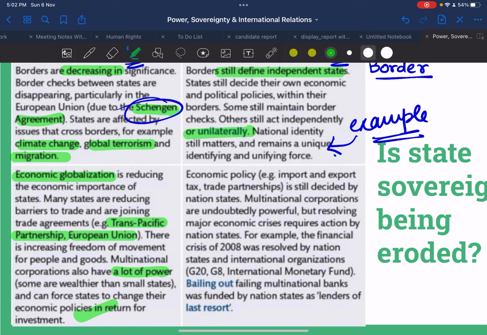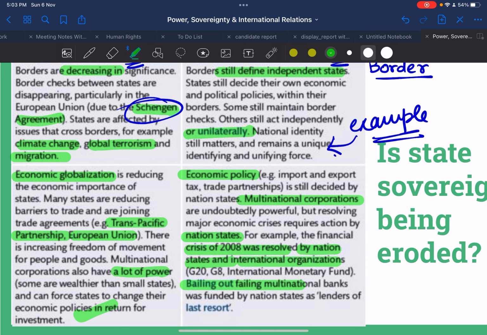However, the counterclaim says economic policy, for example, import, export, tax, trade, partnership, is still decided by nation states. Multinational corporations are undoubtedly powerful, but resolving a major economic crisis requires action by nation states. For example, the financial crisis of 2008 was resolved by nation states and international organizations.